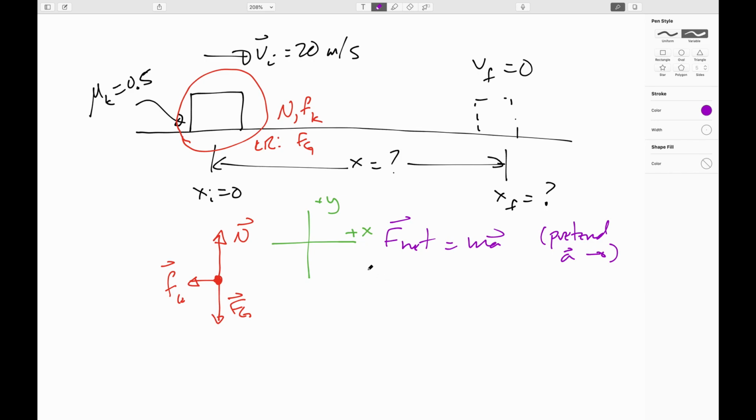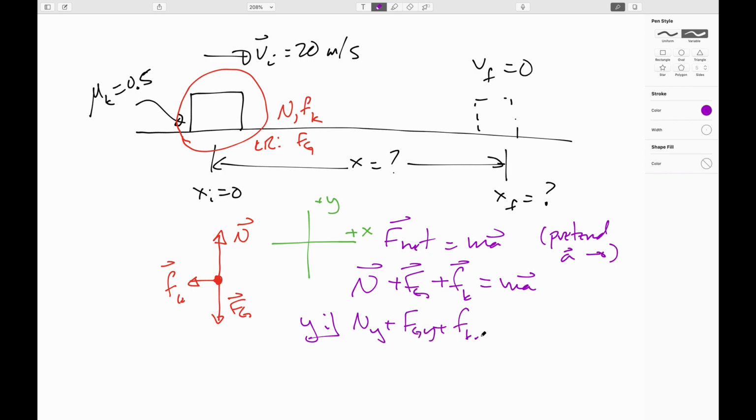All right, so let's do our vector sum of forces here. So this will be the normal force plus gravity plus the force of kinetic friction equals ma. And we'll start by taking the y components of all that. So that'll be n_y plus f_gy plus f_ky equals m a_y. Now a_y is 0, so we can put that in right away.